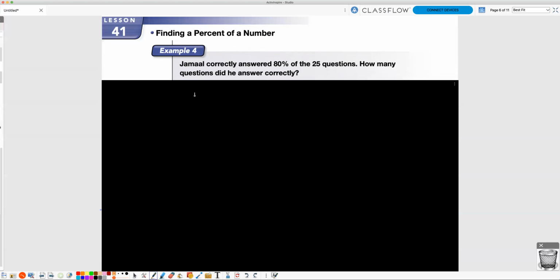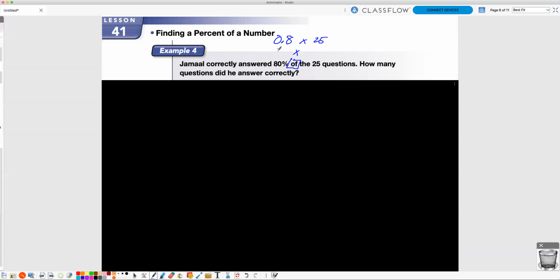Example 4. Jamal correctly answered 80% of the 25 questions. How many questions did he answer correctly? So again, of means times. 80% as a decimal would be this: 80% times 25.